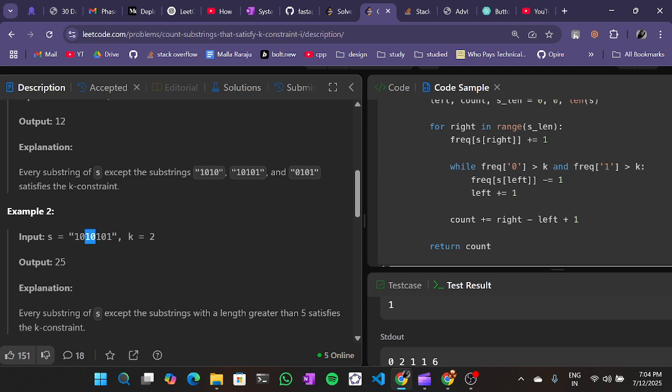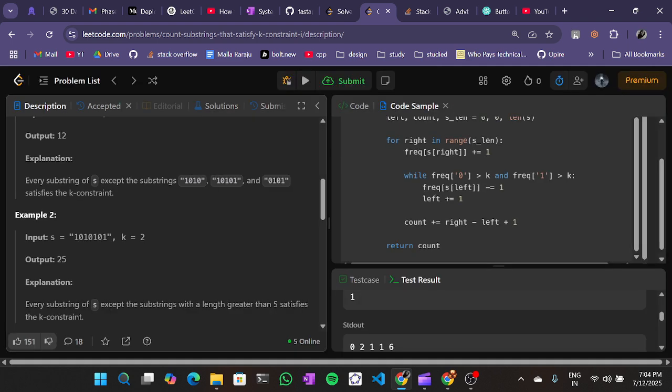Of length 2 there are 4, so 6 plus 4 is 10, and single-element subarrays will be 5. I guess you guys understand.